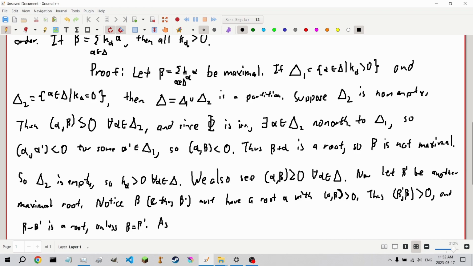As we cannot have one beta being bigger than the other, beta prime is beta, and so it is unique.